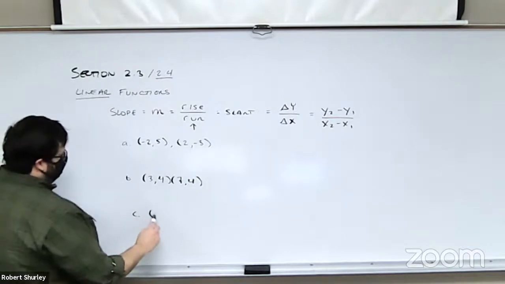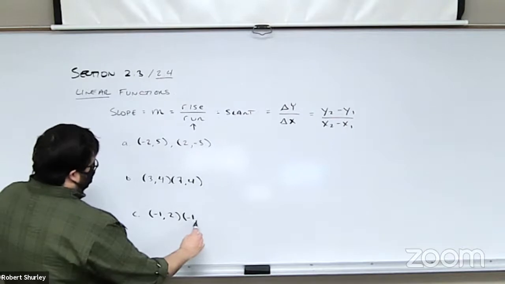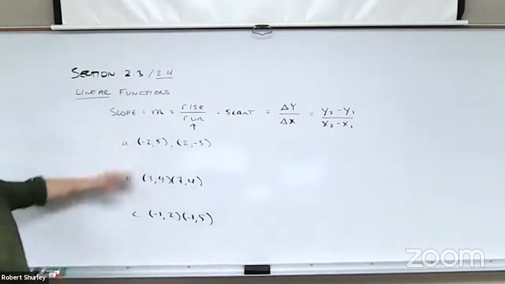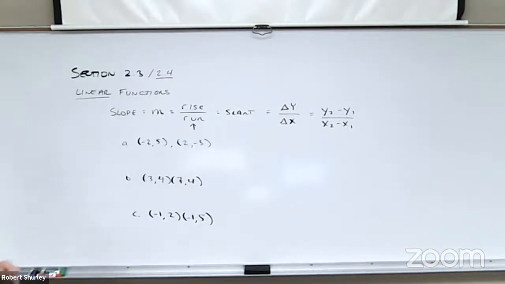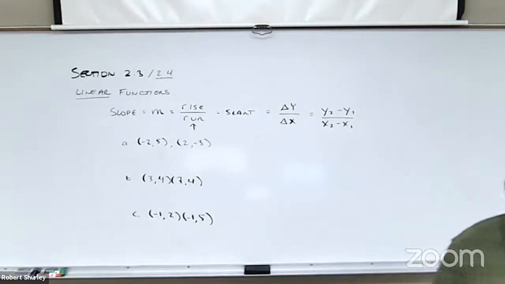And then lastly, I've got negative 1, 2, and negative 1, 5. So try those three. I'll give you a few minutes. Just pop them into the equation and see what you get for the slope on each one of those.